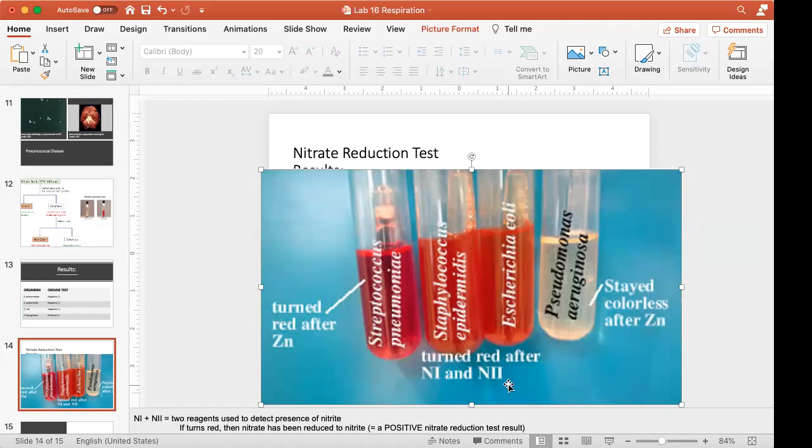Don't worry about that. It's still A and B to us, or 1 and 2 to us. I got a red color after the first two reagents were added. How do I interpret that? What does that test tell me? Is it positive or negative? And what does it mean?